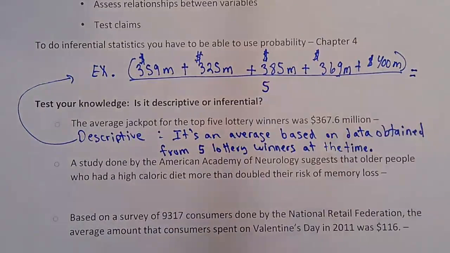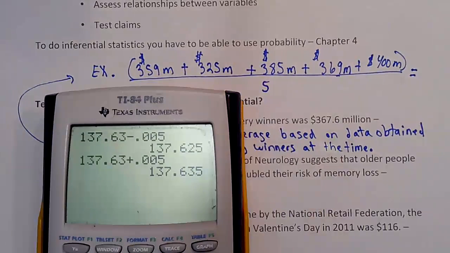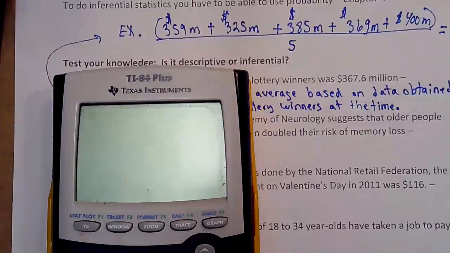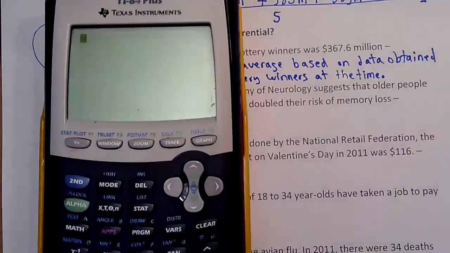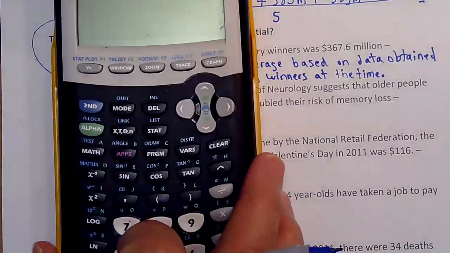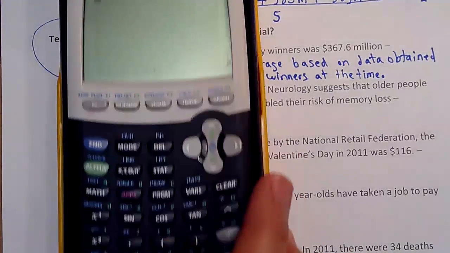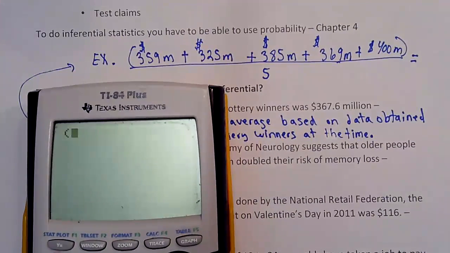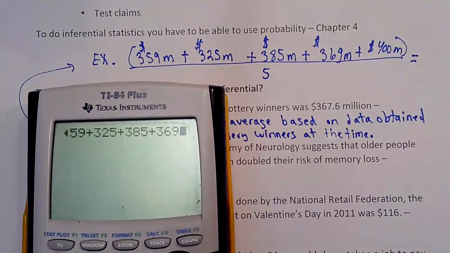And so I'm going to show you that on my calculator. If I were to do that here, clear this out. So I have open parentheses, which is above, see right here, open parentheses above the 8 and the 9. So if I do open parentheses and then I type these, 359 plus 325 plus 385 plus 369 plus 400, then I close the parentheses, and then I divide it by 5, and then I hit enter.